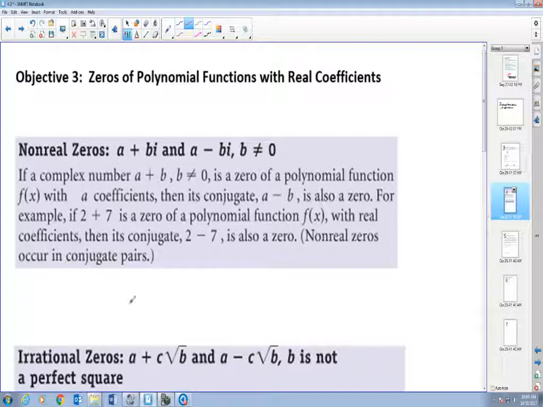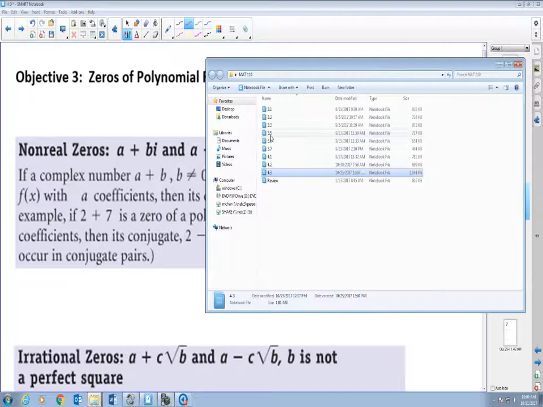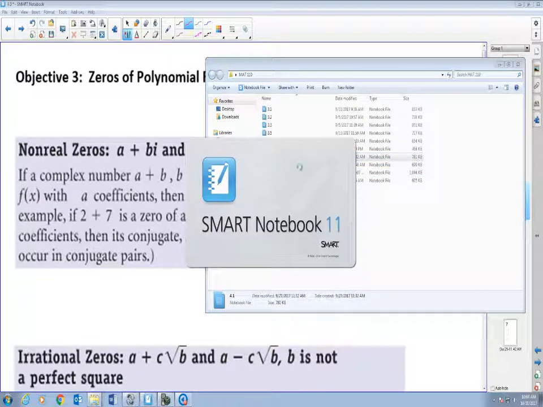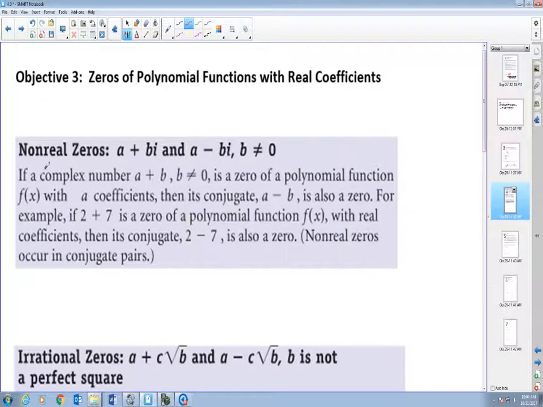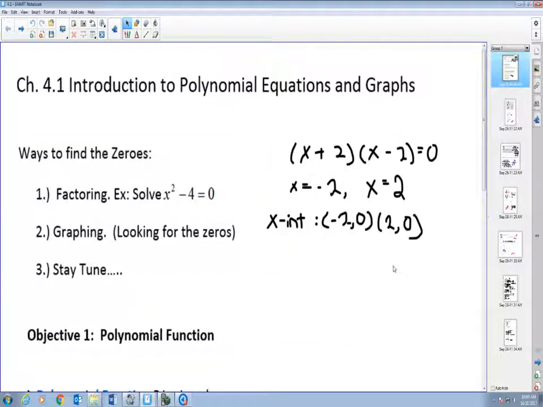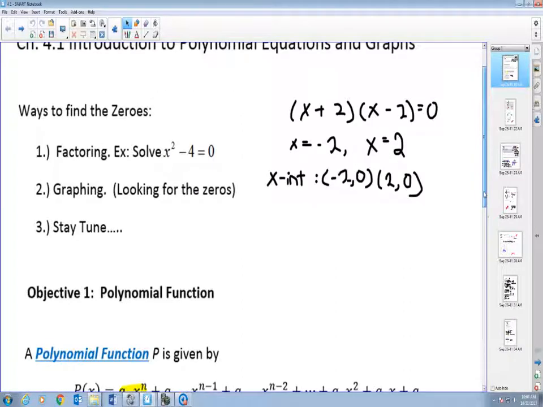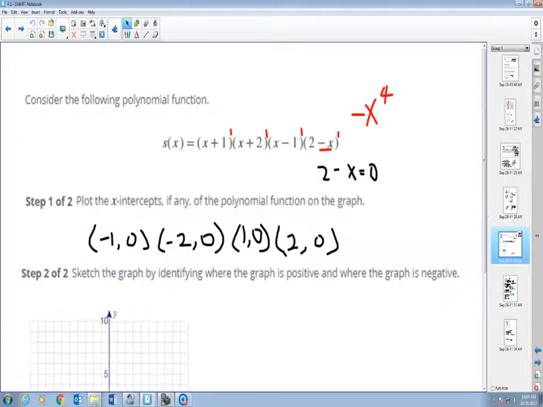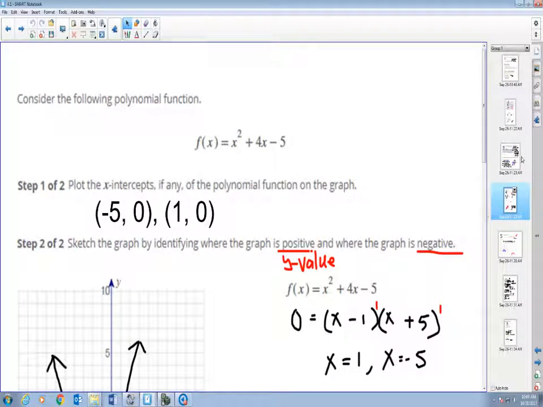If you go back to maybe 4.1, some of the problems we talked about do consist of what we call the non-real zeros. This one is a real one. Certain ones I did purposely, maybe not in this particular section.